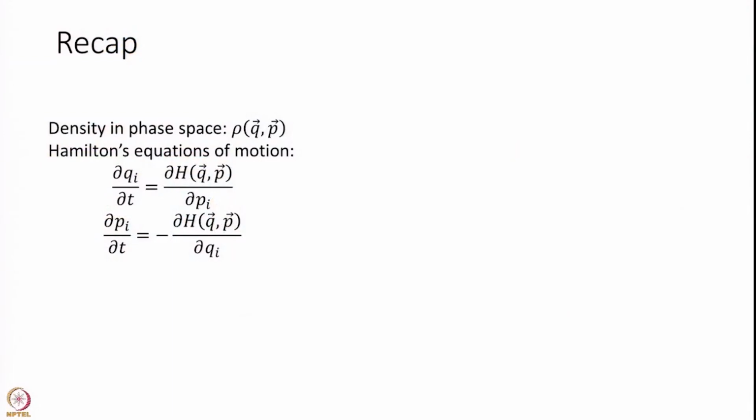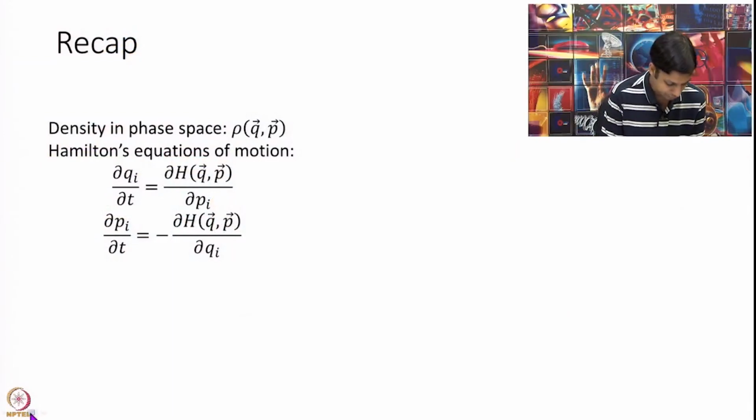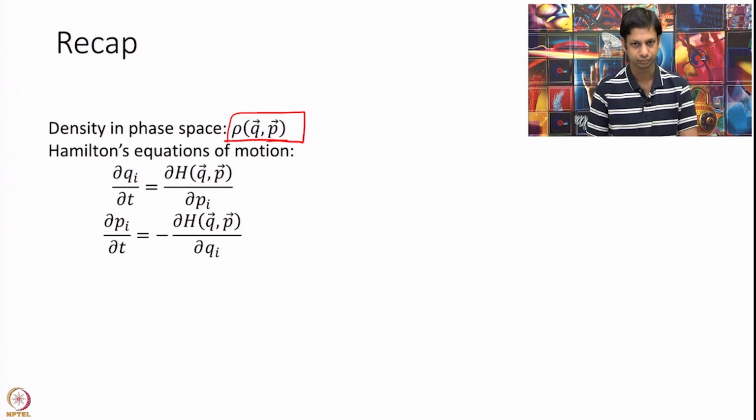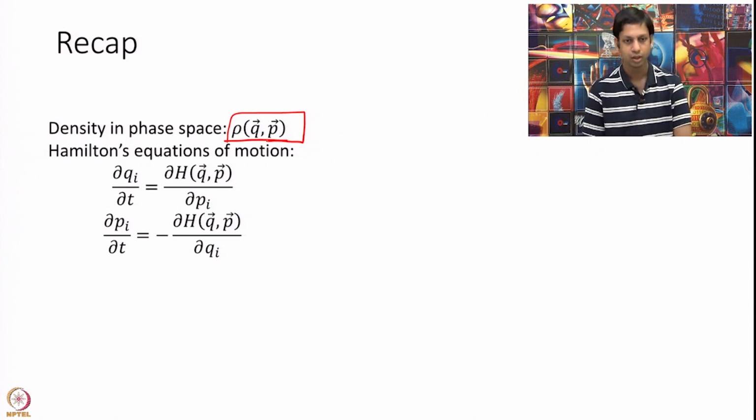So, just a quick recap. In the last module, we looked at the density in phase space, rho of q comma p. This density is the density of finding the system at the given point in space which is q comma p, and again q comma p represents the phase space.